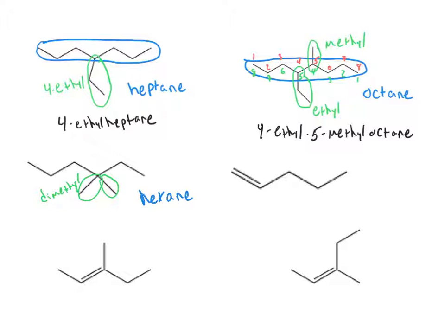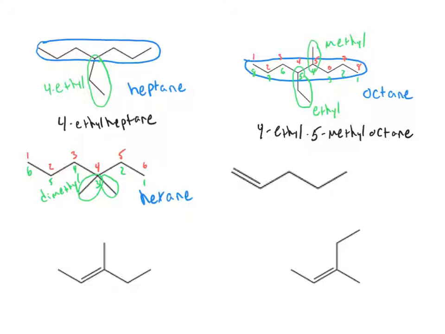So again, if we look at our numbering from left to right, we get 1 through 6, whereas if we number from right to left, we also end up with 1 through 6. And so we can see that numbering right to left actually gives us a lower number, as that puts our dimethyl on our 3rd carbon, as opposed to our 4th carbon if we number from left to right.